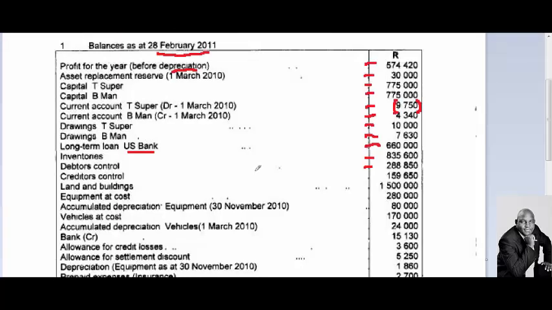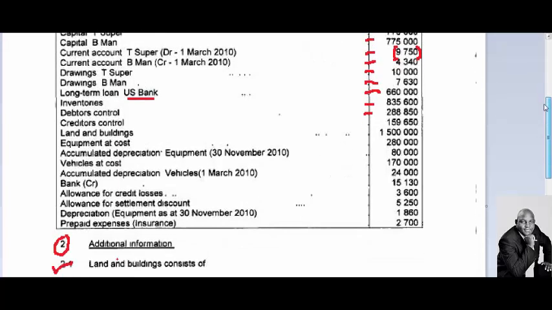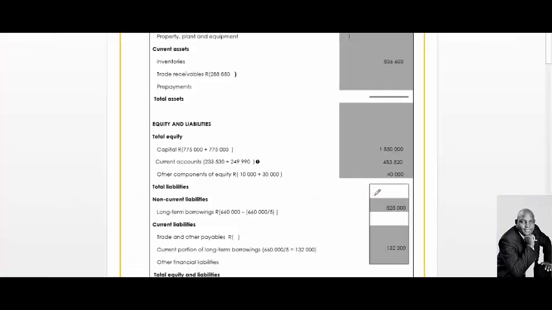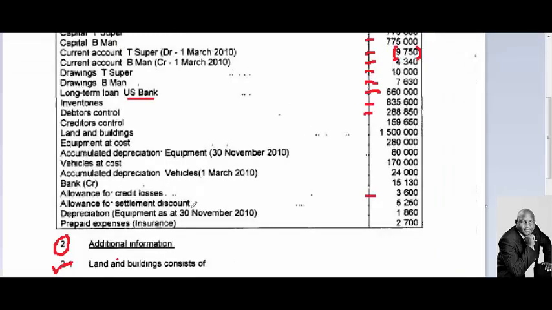Then with debtors control, we know that it's people that owe you money, so we need to look at the losses. Allowance for credit losses is 3,006. So for debtors control we will minus 3,006, and then also the allowance for settlement discount.